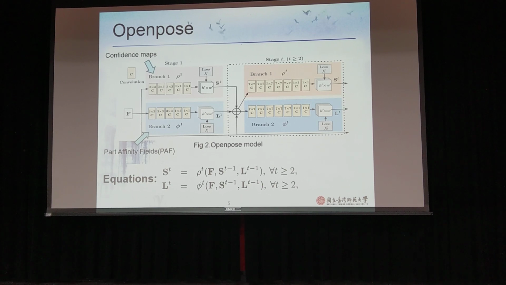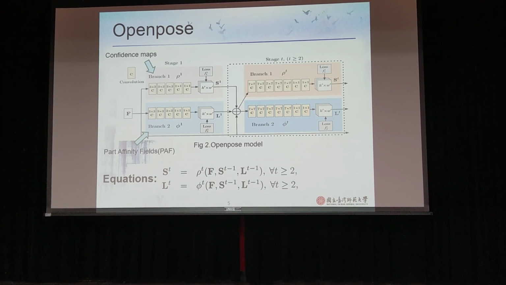These image features are then fed into two sets of CNN, as depicted in Figure 2, Branch 1 and Branch 2. Branch 1 predicts confidence maps for each key point, where each key point corresponds to one output feature map. For instance, if there are J key points, it will generate J feature maps.